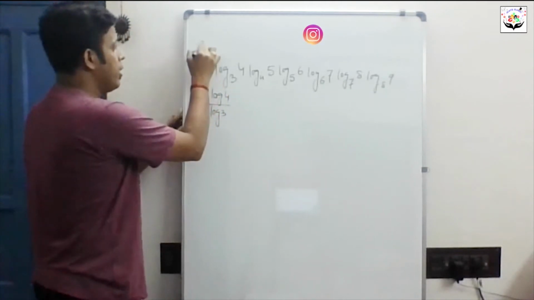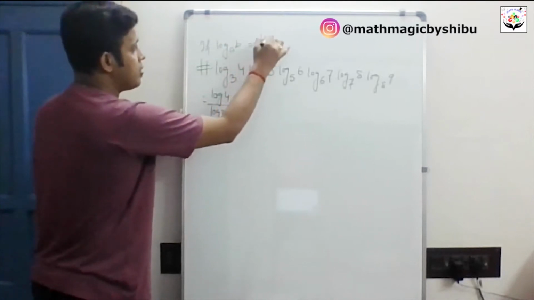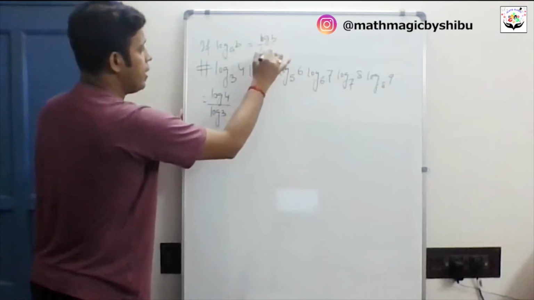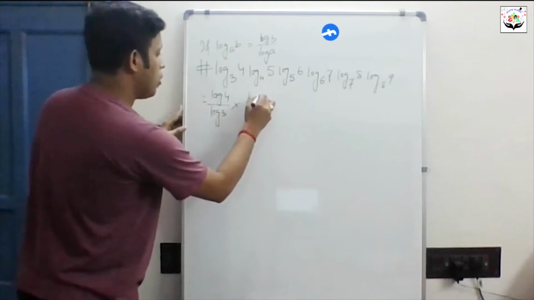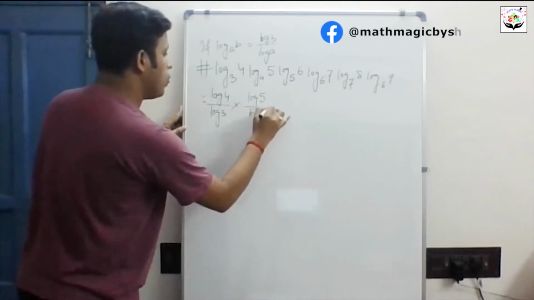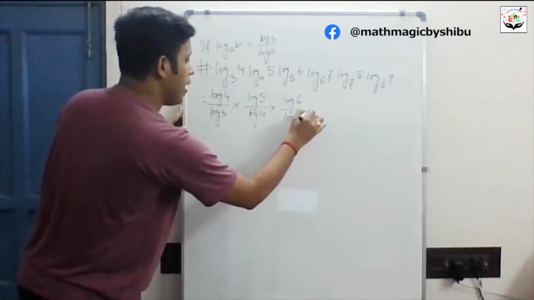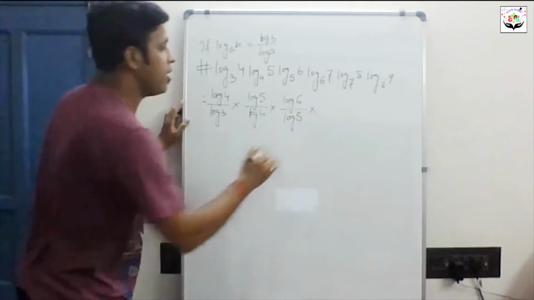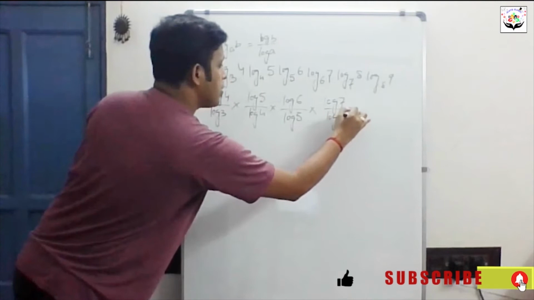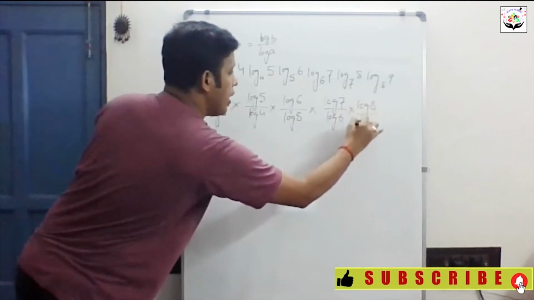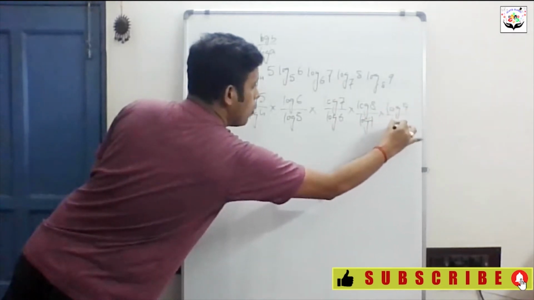As we know, log b base a can be represented as log b by log a. So applying a similar concept, we can write this as log 4 by log 3, log 5 by log 4, log 6 by log 5, log 7 by log 6, log 8 by log 7, and log 9 by log 8.